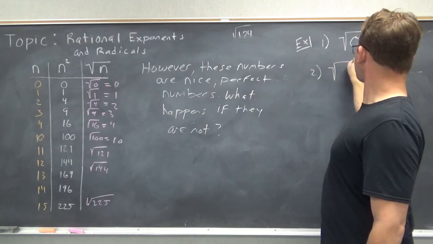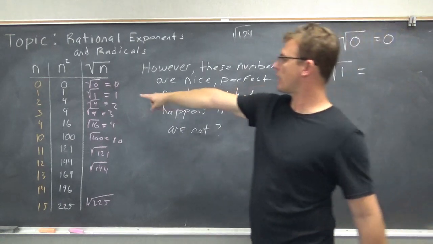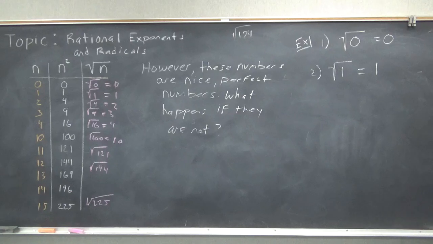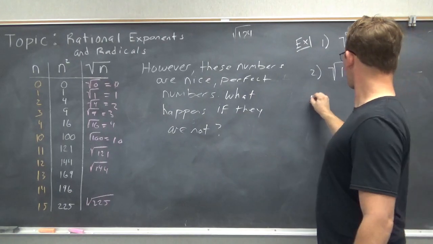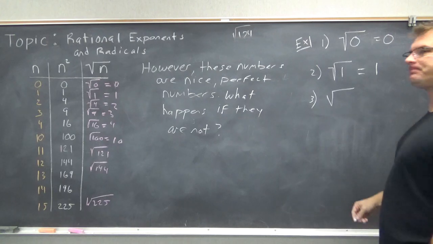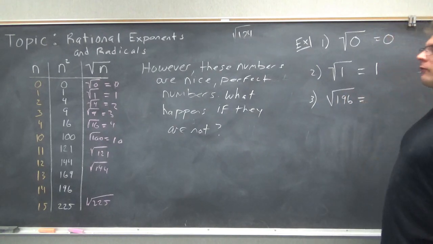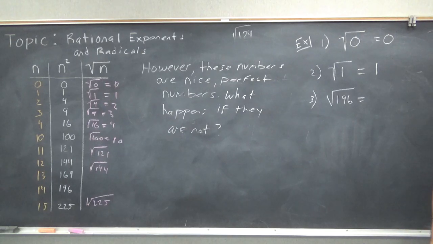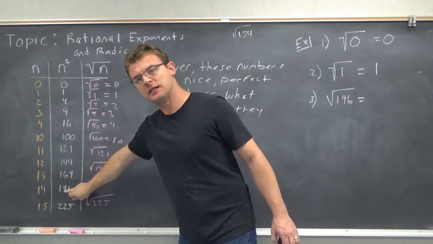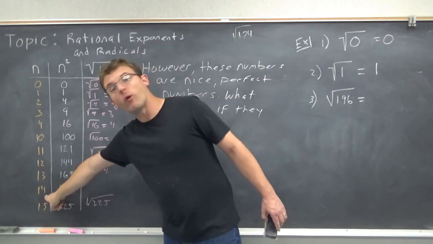Example 2. The square root of 1 is 1. What's the square root of 196? 14.